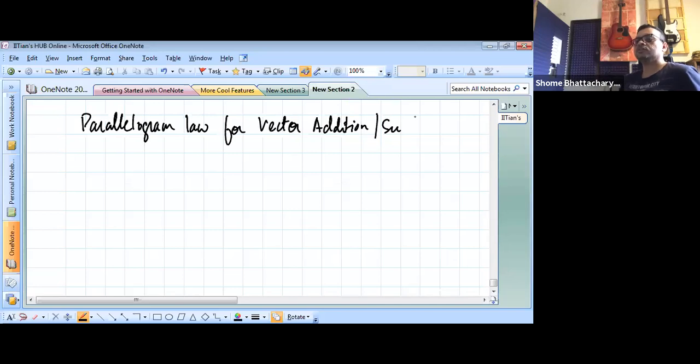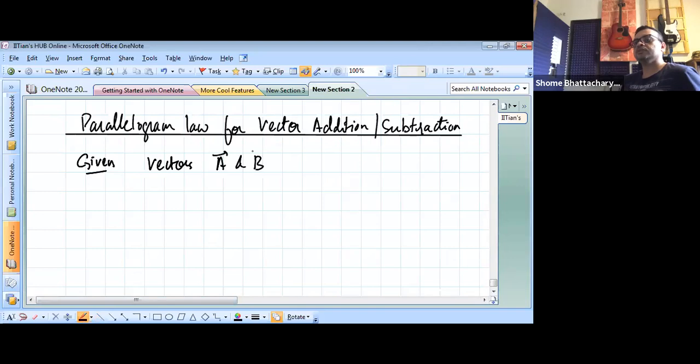Unlike the triangle laws, here in one law itself, in one geometrical figure, which is the vector parallelogram, we are able to get both the sum and difference of two vectors. So given two vectors A and B, such that the magnitude of vector A is denoted by A, the magnitude of vector B is B, and theta is the angle between them.